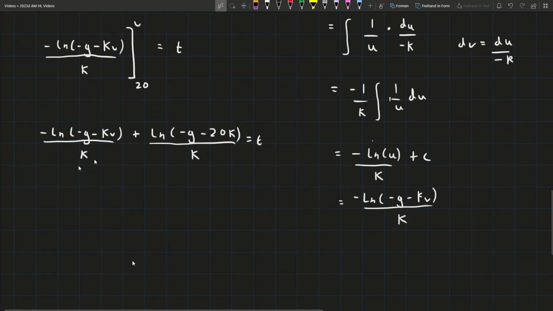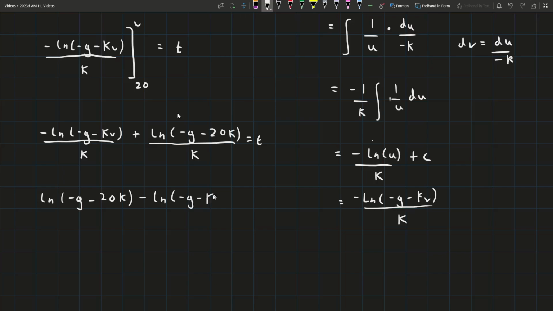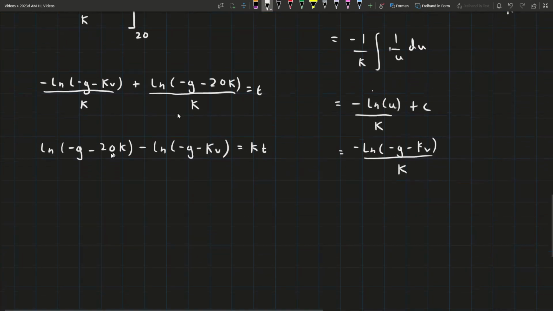We can multiply both sides by k. I'm just going to bring this one before the other one because the minus will be easier to deal with. And we'll have ln of minus g minus 20k, minus ln of minus g minus kv equals kt.